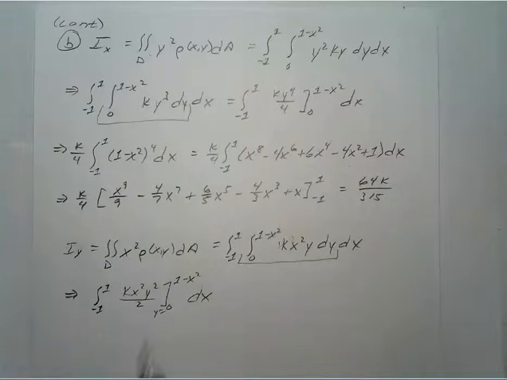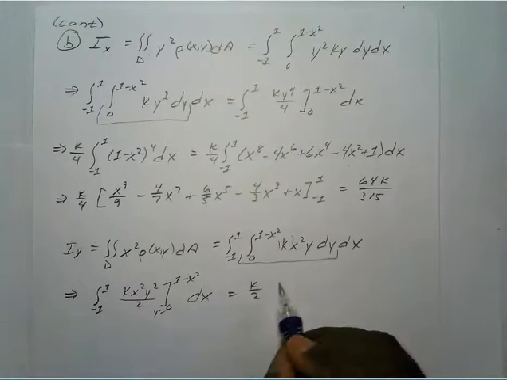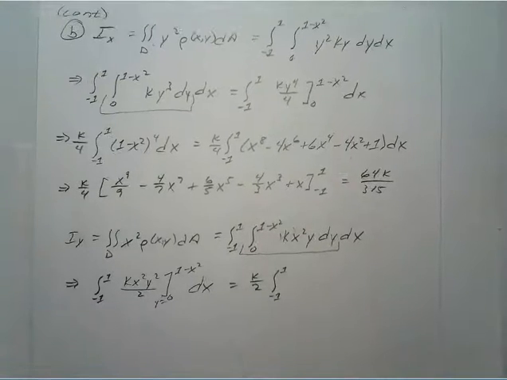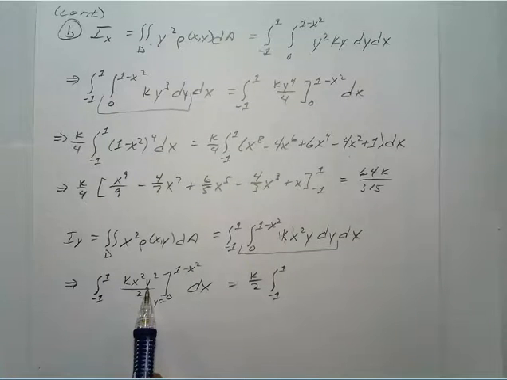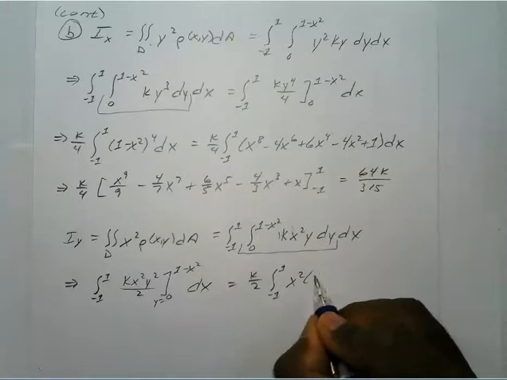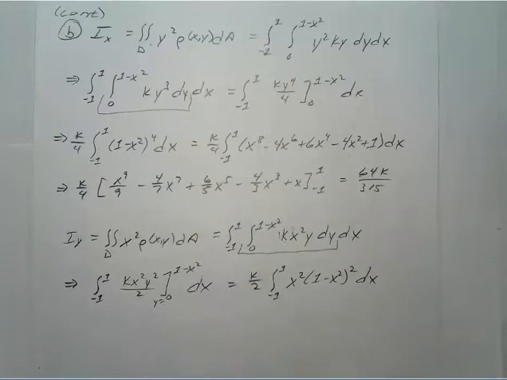Okay, so if we go ahead and factor out the k and the 2, that's k over 2, and the integral from -1 to 1. We plug in our 1 minus x squared for our y, we end up with x squared times 1 minus x squared squared. Of course, when we plug in the 0, we get 0. So we have x squared times 1 minus x squared squared with respect to x.